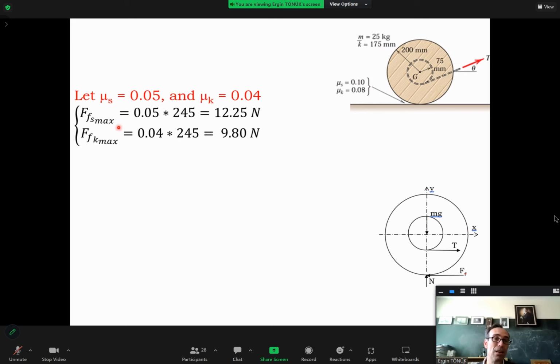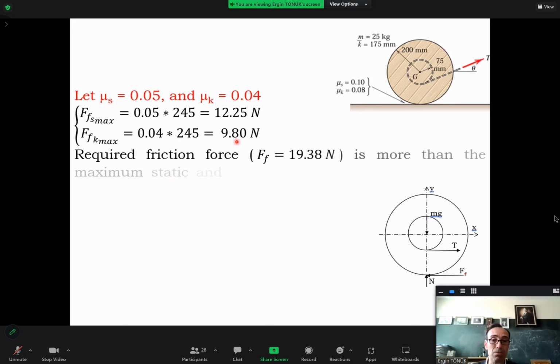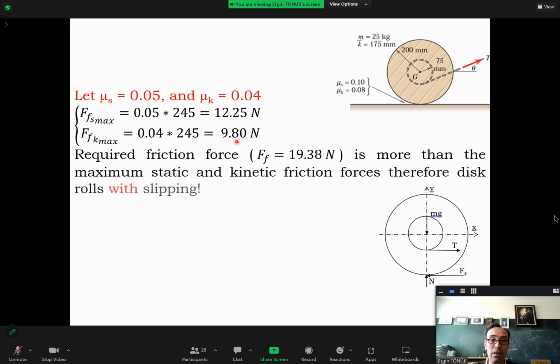So the maximum static friction force becomes 12.25, and the maximum kinetic friction force is 9.18 newtons, whereas the required value was something like 19.38. So it will roll with slipping.